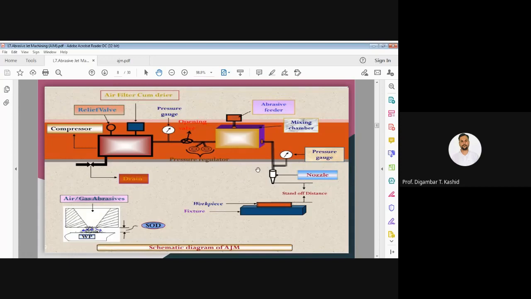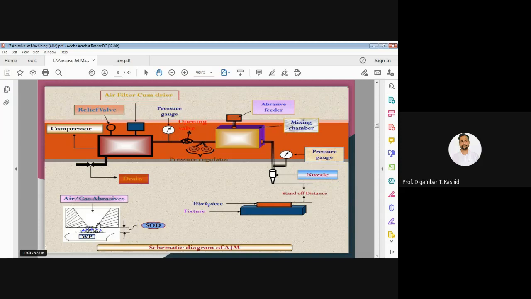Now the enlarged view of this nozzle and this workpiece you can see here. The mixture jet of air and abrasive particles is going to come, and by maintaining that nozzle tip distance, we have to go for the impingement.